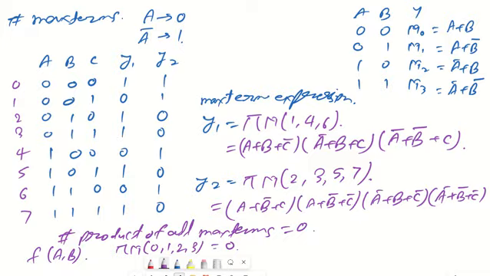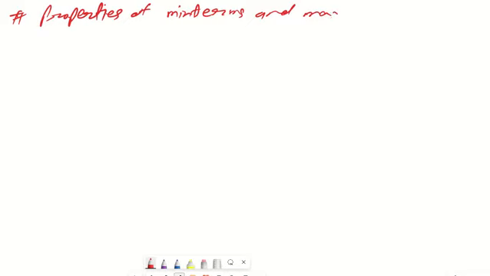Now let us see some of the properties for max term and min term in a broader way. Because this is a very important topic, I am going to write the properties of min term and max term. Okay.